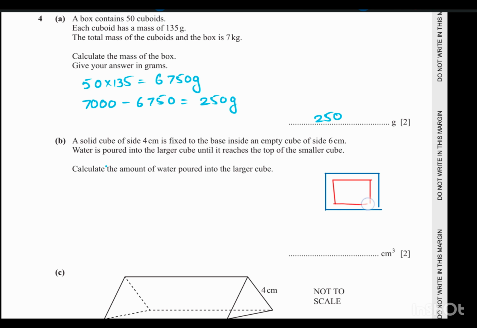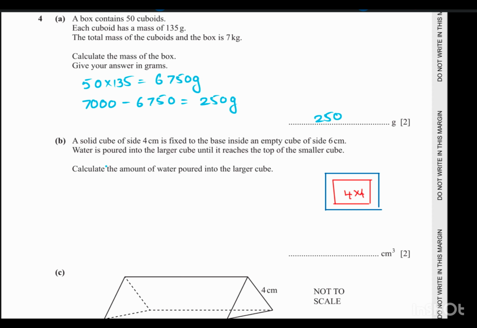So this is the area of the base. Now leftover will be the leftover area only filled with the water until this 4 into 4 cube, it is up to there, the water is filled. So now here first of all you will subtract the area of the bases.